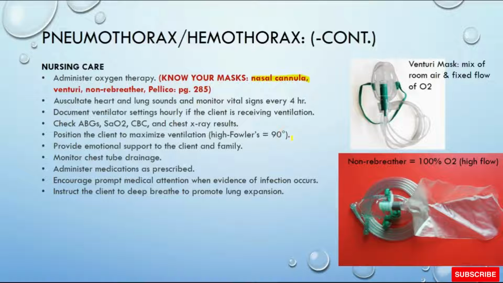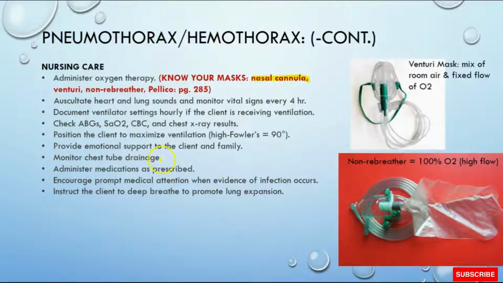Patients that do have a pneumothorax or a hemothorax, you want to monitor them every 4 hours. If they're on a ventilator system, you need to check those settings. Position the patient for maximum ventilation if it is required, which is going to be high Fowler's.